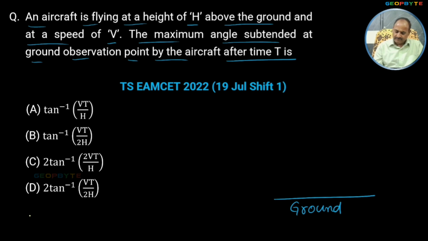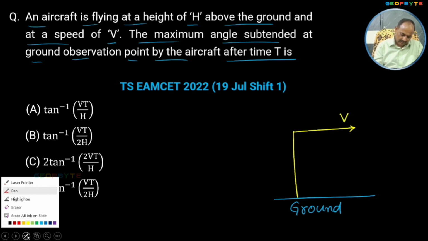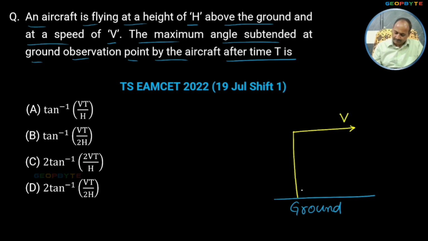Assume the flight is flying in this particular direction, traveling with a speed v. After a time t, the flight is starting from A at a height h and is moving towards B. The distance traveled AB equal to x and angle subtended with respect to vertical is theta.